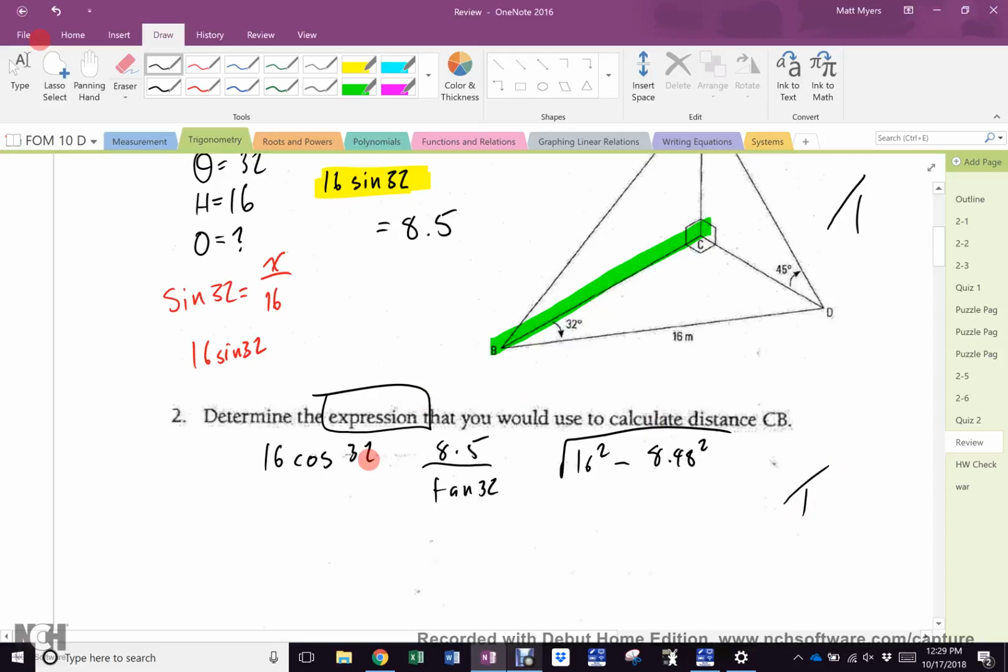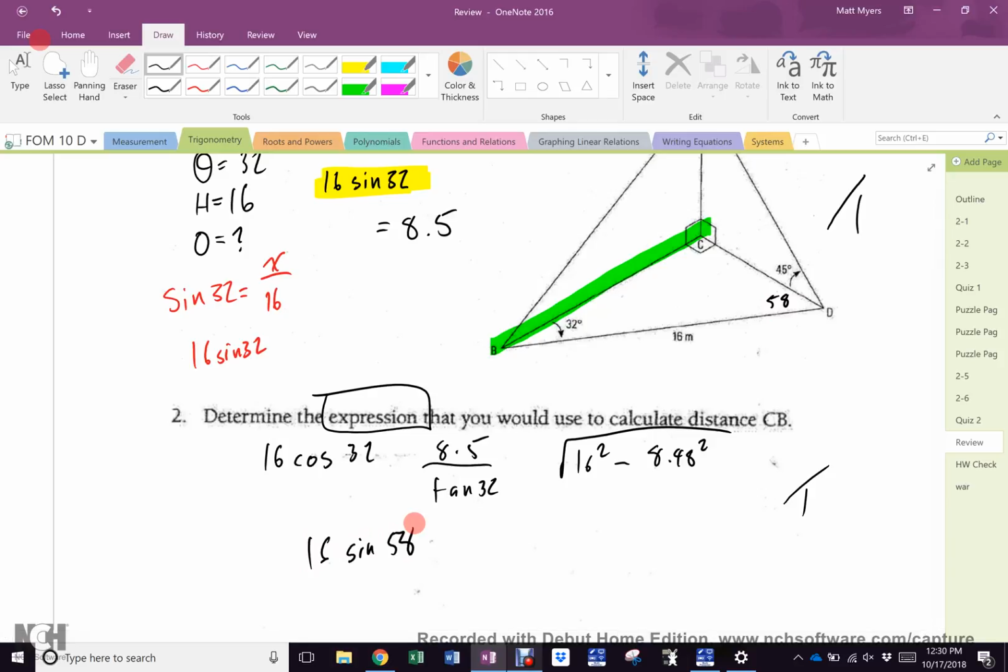The only thing that you couldn't have used was sine, because it's an adjacent side to the 32. Unless, of course, actually you could have used sine because you knew that this was 58, so you could have even done 16 sine 58. You had 4 options. Who makes the choice?